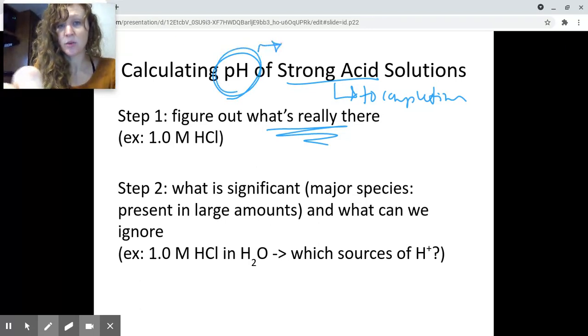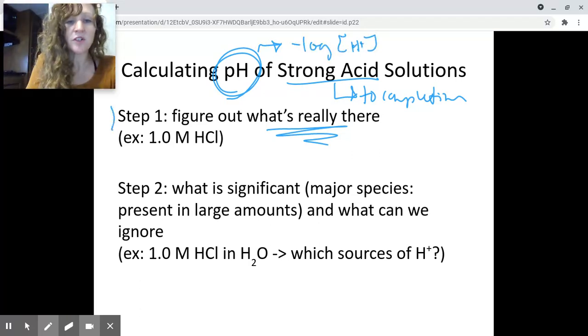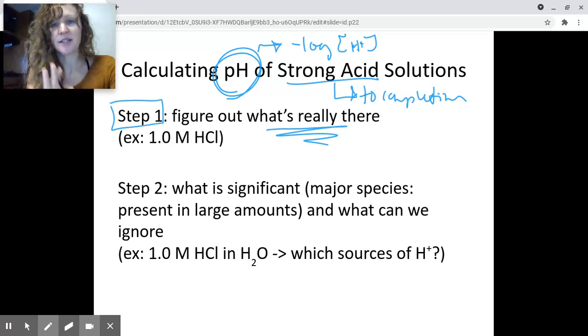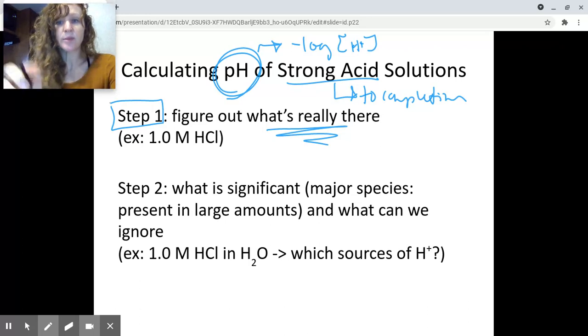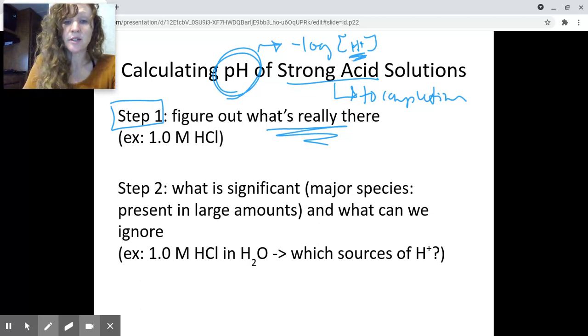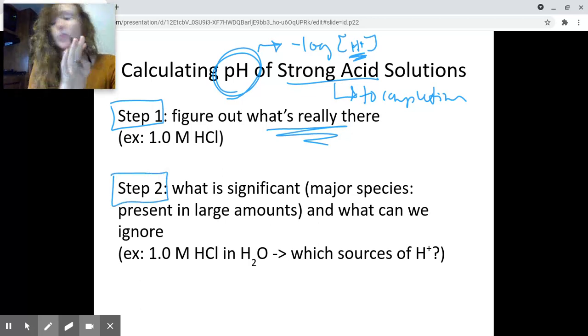Remember, if we're trying to deal with pH, we really need to determine what the hydrogen concentration is. So one of our first steps is to pause and consider what's there that's going to contribute to the hydrogen concentration. Step 2, once we tally up what's there, then we need to think about what kind of things are major players.